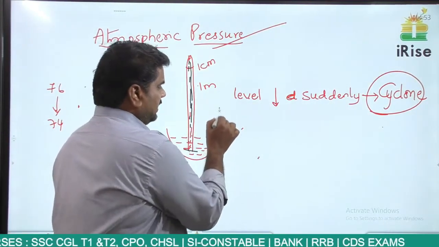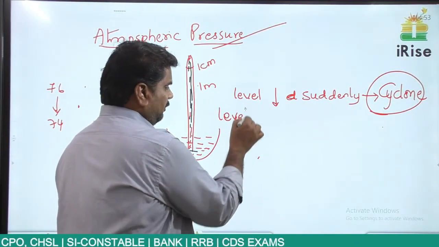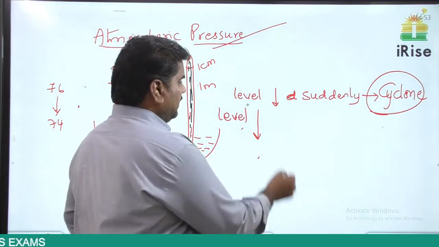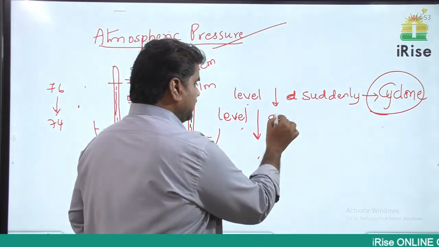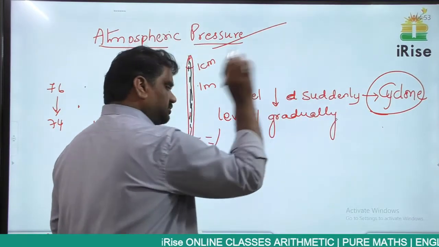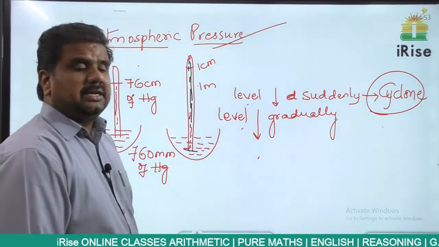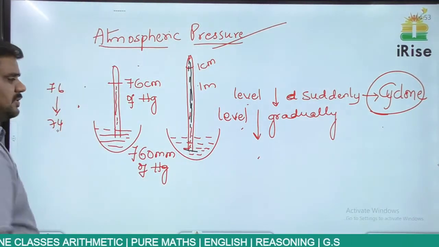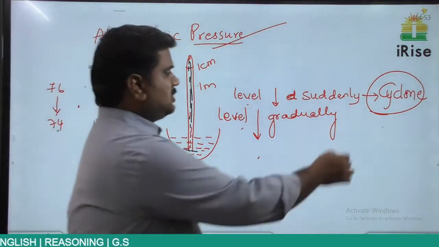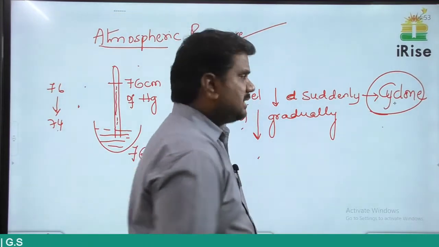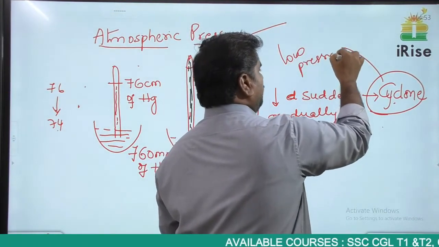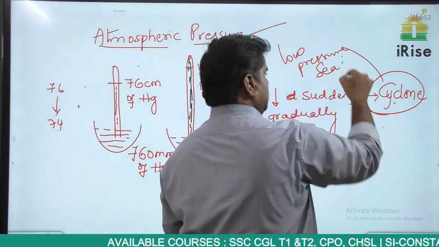Or else, suppose the level of mercury decreases gradually or slowly. In the first case, the level of mercury is decreasing suddenly, a sudden decrease from 76 to 74 or 73 or 72, depending upon the intensity of the cyclone. A cyclone is always a low pressure area that is built up in a sea or ocean.